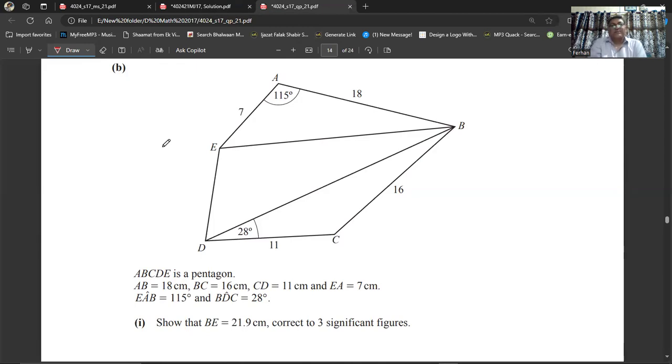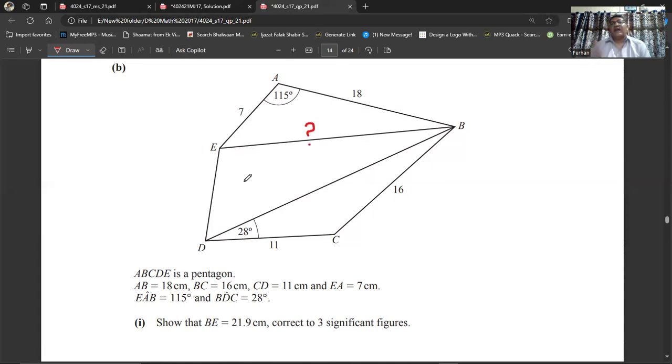Show that BE is 21.9 centimeter, correct to 3 significant figures. If you look at this diagram, this side is given, this side is given, the angle between these two sides is given, and this side is the question.